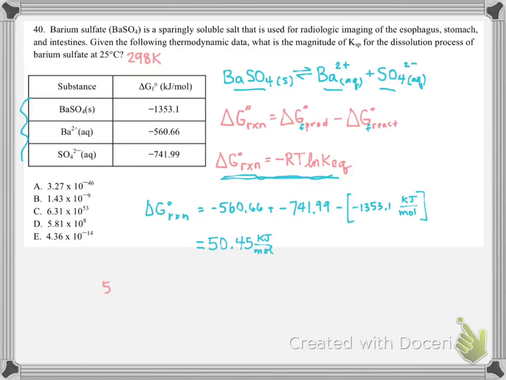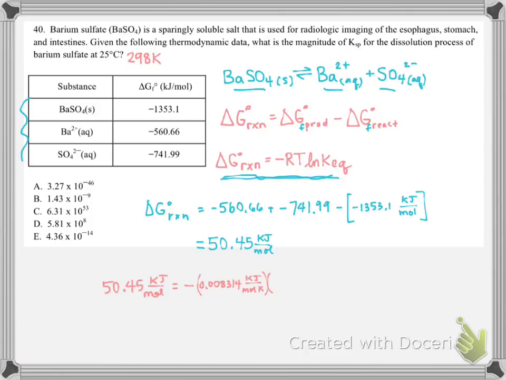So we'll say 50.45 kilojoules per mole is going to be equal to negative R. And so the R we're going to use is the one with joules in it, and I'm going to write it in as kilojoules. 8314 kilojoules per mole Kelvin, which brings us to temperature, which we need to put in Kelvin, as per usual.